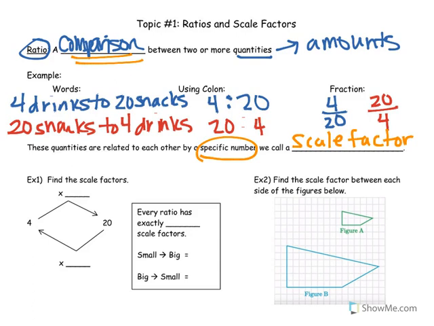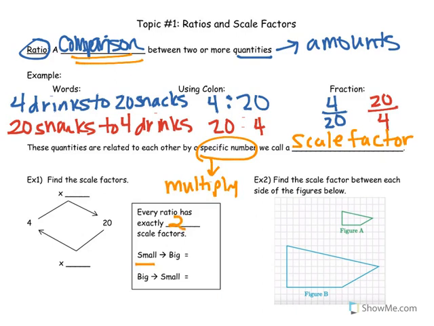So whenever I give you a ratio, in example 1, we've used the ratio that I wrote above, 20 to 4. Okay? How do I find the scale factor between those numbers? How do I find the number that relates these two? We always think about multiplication or multiplying.